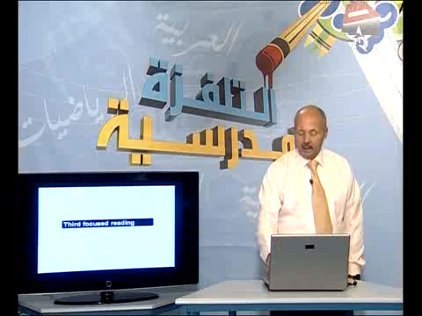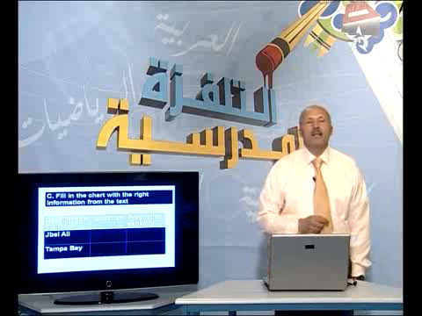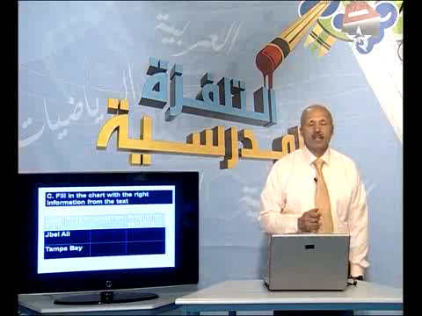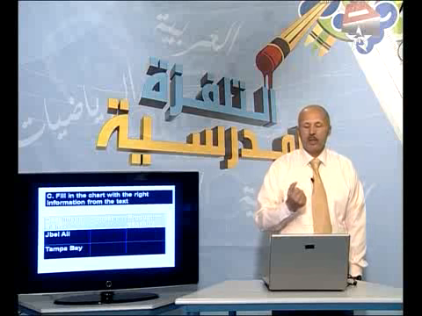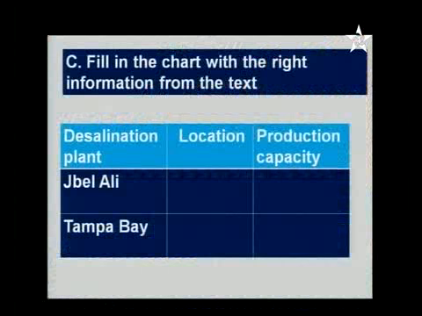Before that, let's look at the exercise. It says, fill in the chart with the right information from the text. It's a table, of course. We're going to complete the table. On the left, you have desalination plant: Jebel Ali, Tampa Bay.